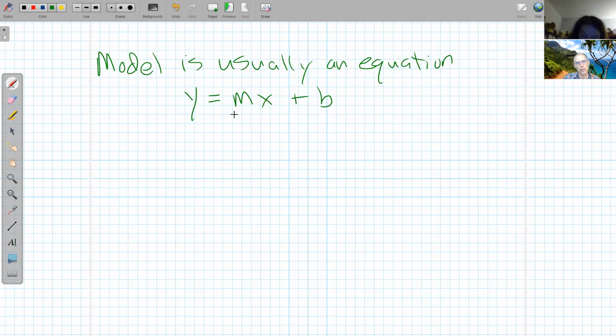So reminder about this, the m right here, that's our rate of change. We also call the rate of change the slope. B is the starting point.